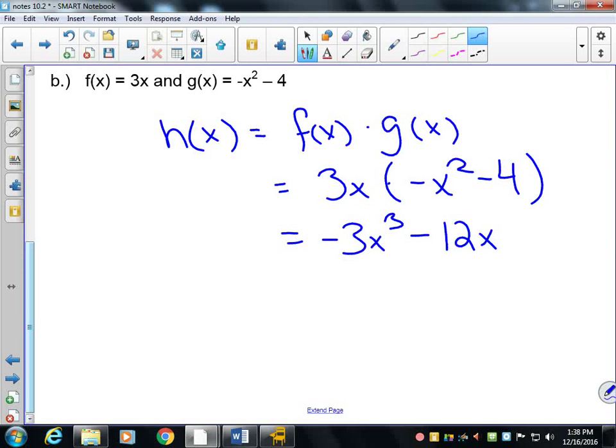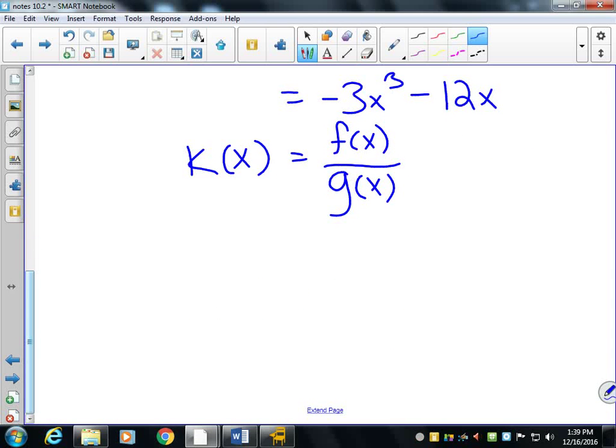Okay. Are we done? If you pull it out, you'll end up with this thing, right? So we just expand it out and leave it be. That's what h of x is. Okay. What was k of x? K of x was f of x divided by g of x. Okay. So what do we get?